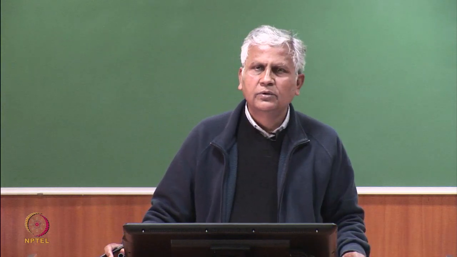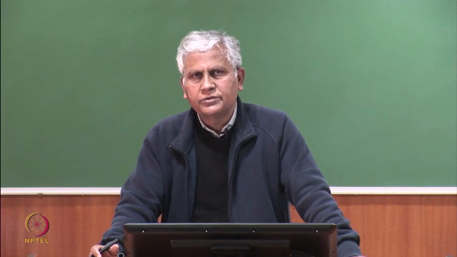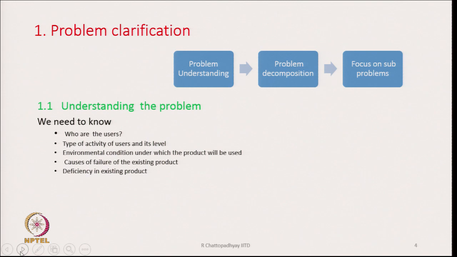For that we have to do some research, either we do in-house research, or we take customer feedback. That is why it is important that we know the customer needs. So, customers can also spell out some of the deficiencies which could be there in the product that they are using. So, all of them are very, very important, and we need to have complete information about these aspects.